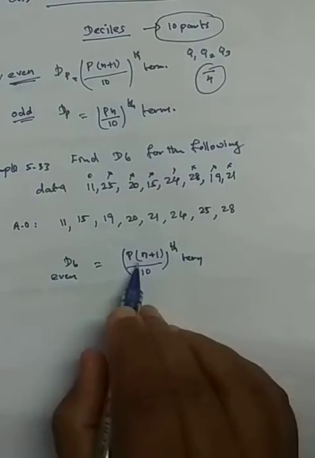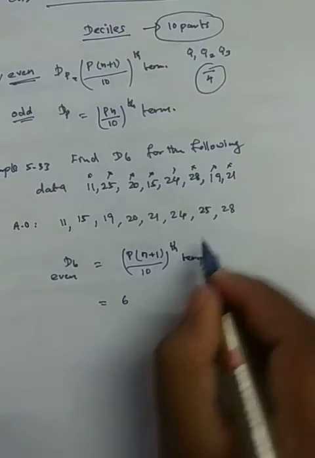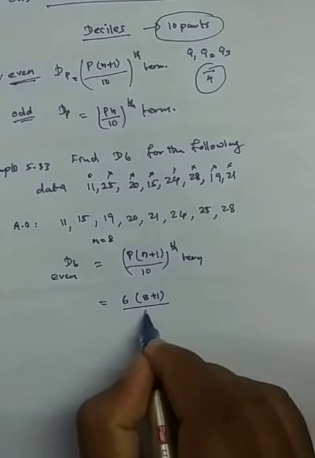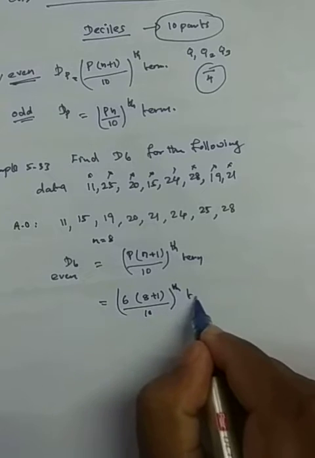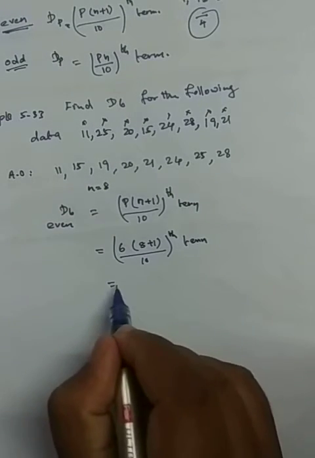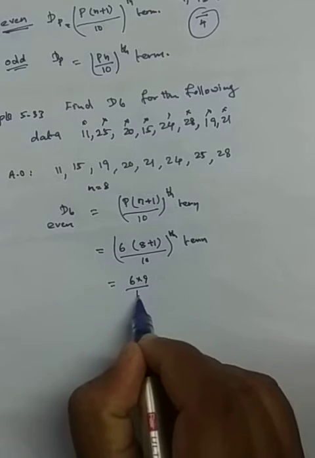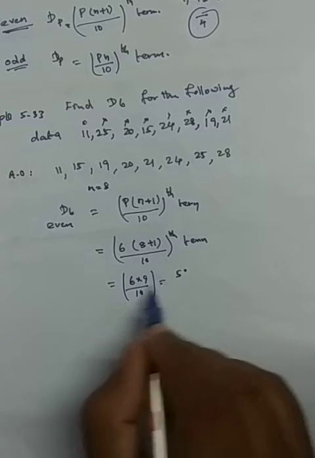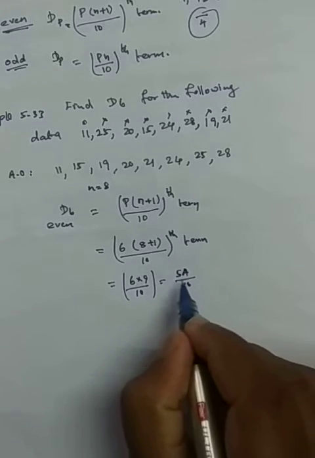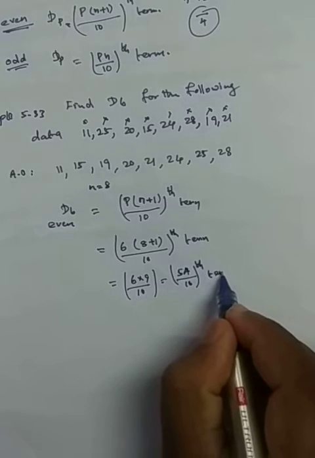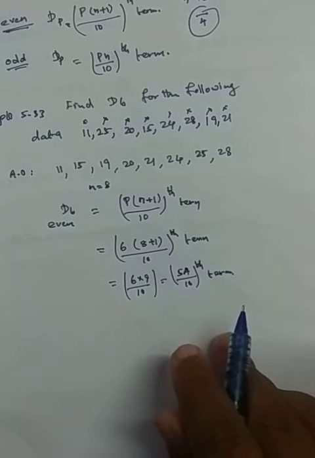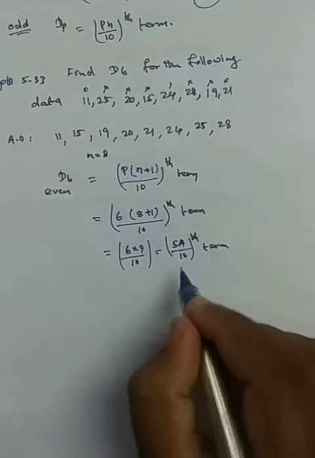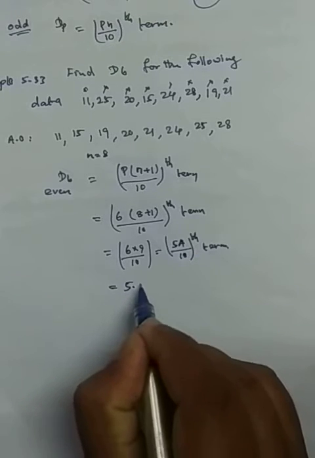Here p is 6 and n is 8, so 6 into (8 plus 1) by 10th term. 8 plus 1 is 9, 6 nines are 54, by 10 it comes to the 5.4th term.